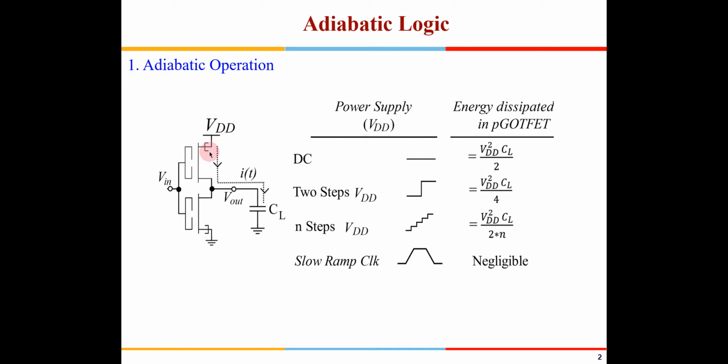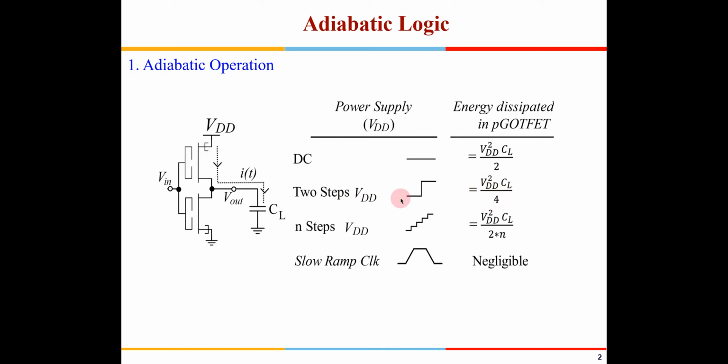In the first go, it is VDD by 2 square CL by 2, so that will come to VDD square CL by 8. And in the next step, again it will be VDD by 2 square CL by 2, that will come to VDD square CL by 8. If you add up, you will get VDD square CL by 4.